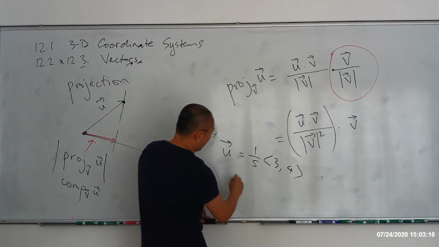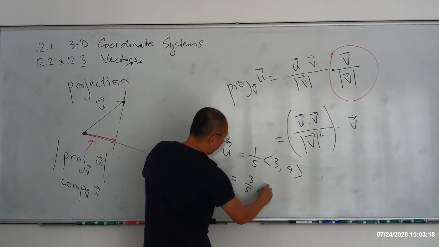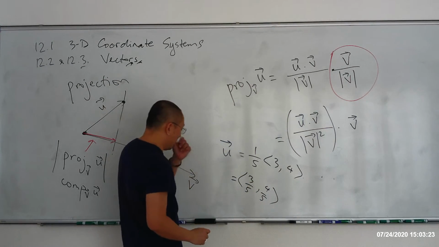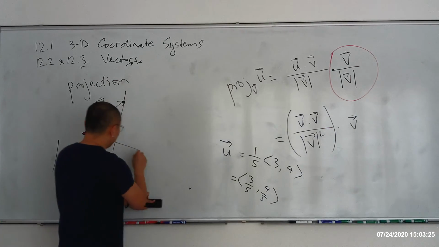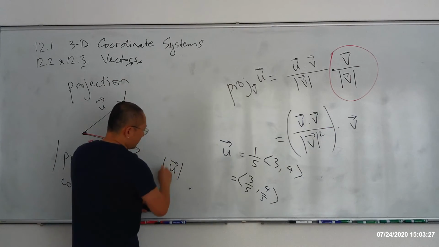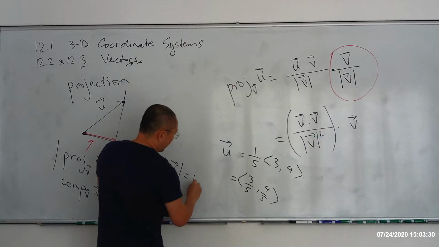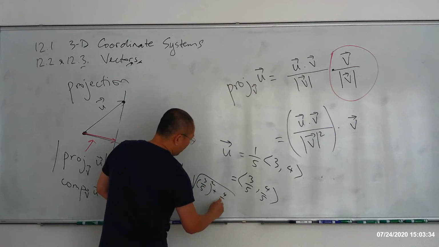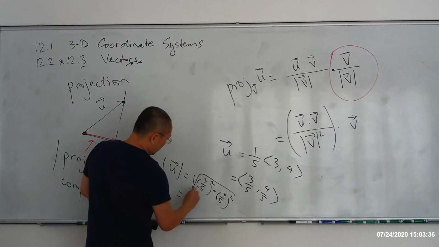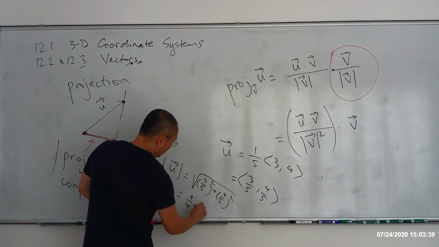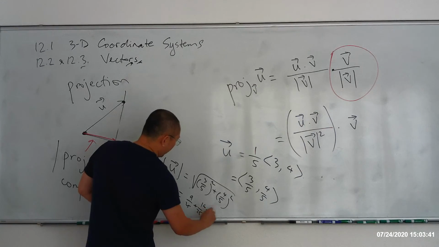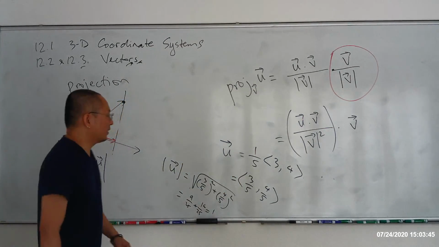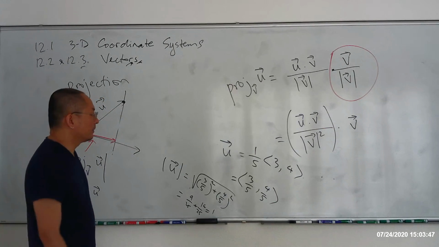I can write it this way, or I can write (3/5, 4/5). Now you want to calculate the magnitude of u. The magnitude of u is the square root of (3/5) squared plus (4/5) squared, which is 9/25 plus 16/25, which is equal to 1. See? A vector with magnitude equal to 1, you call it a unit vector. It's just a name.